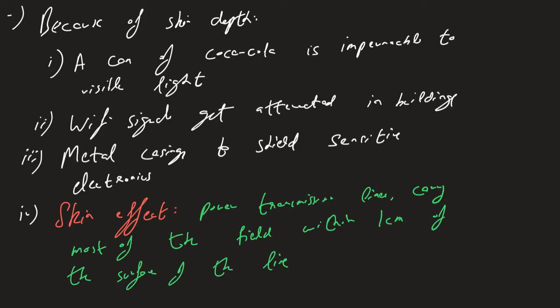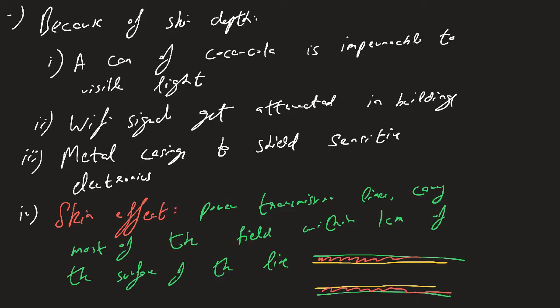So if you have a very thick power line, then most of the electromagnetic waves are confined to this region. There's no point in making very thick power transmission lines because of the skin effect, because electromagnetic waves decay inside, so all the energy is carried near the surface.